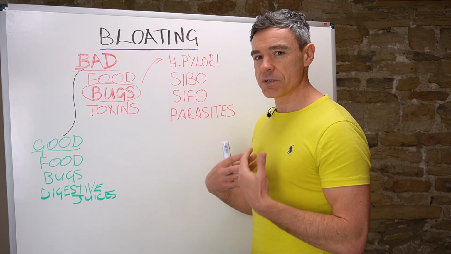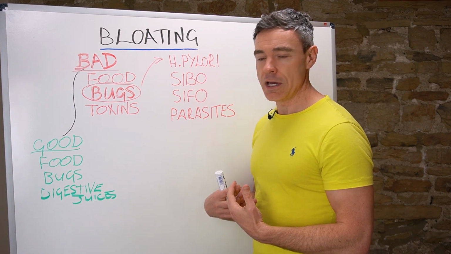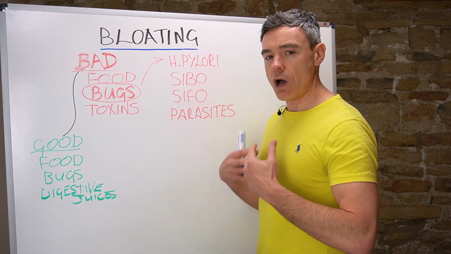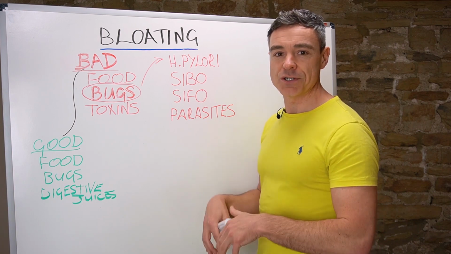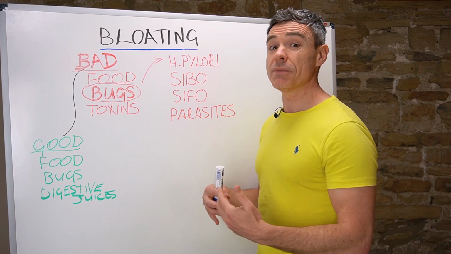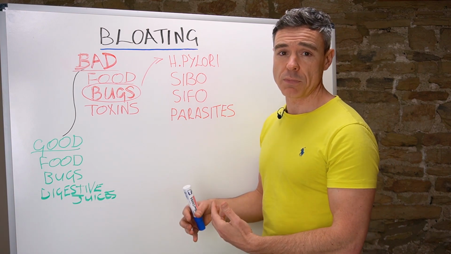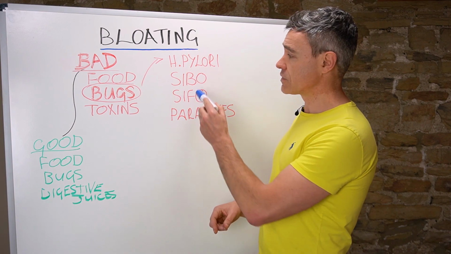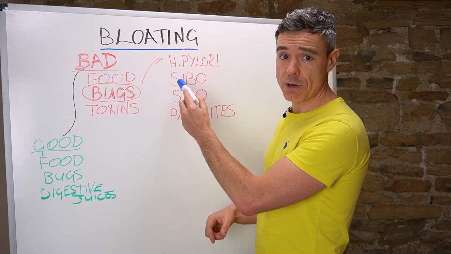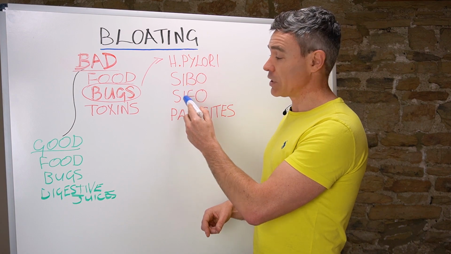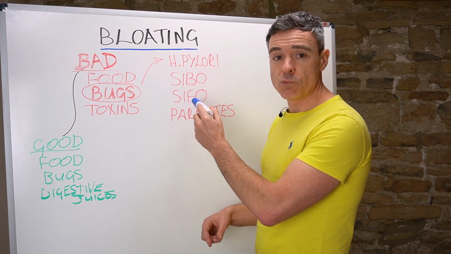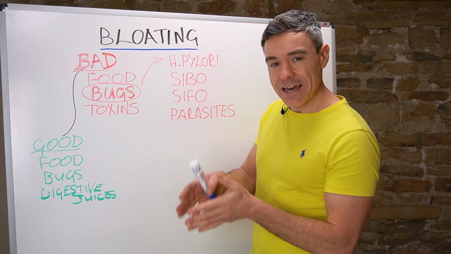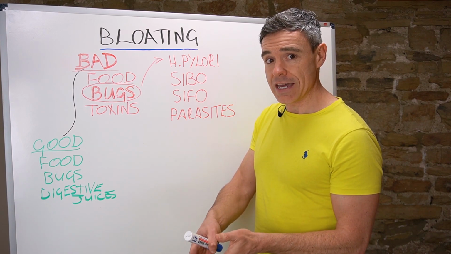The problem is that when you suppress your stomach acid production, as we're going to talk about when we look at the video on digestive juices, you open up the digestive system to invasion from unwanted microbes, because the stomach acid is really important for keeping those unwanted microbes away. There's a definite correlation between things like the increase of small intestinal bacterial overgrowth or SIBO, the incidence of small intestinal fungal overgrowth with things like Candida. These things seem to increase when people have their acid suppressed through medications.